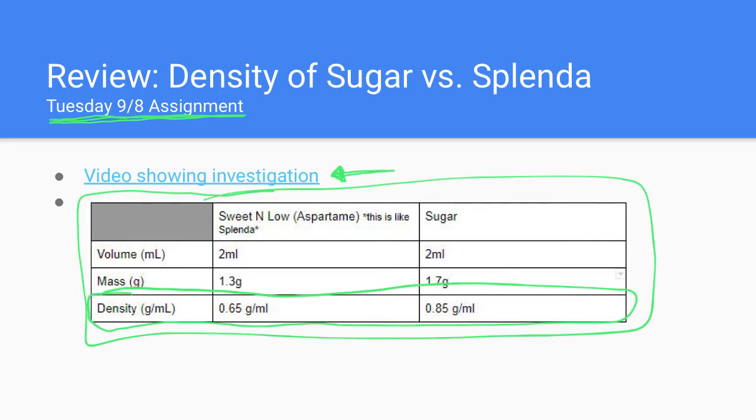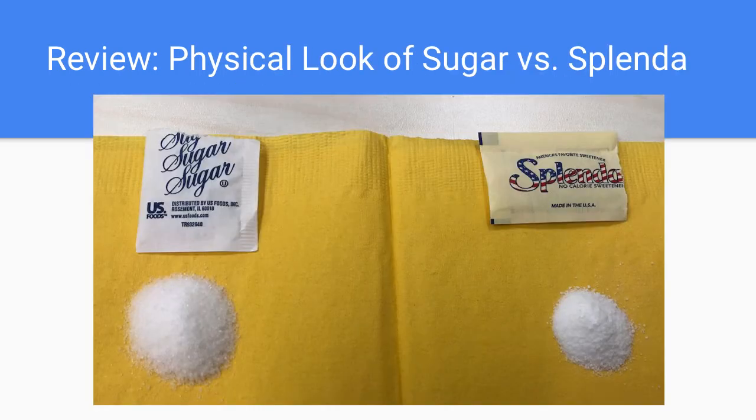So if you were going to use this piece of evidence to support your claim, in your reasoning, you would want to explain what the density means and why that has something to do with the forming of rock candy. Another piece of evidence that you might use is just the way that the sugar versus the Splenda looks.